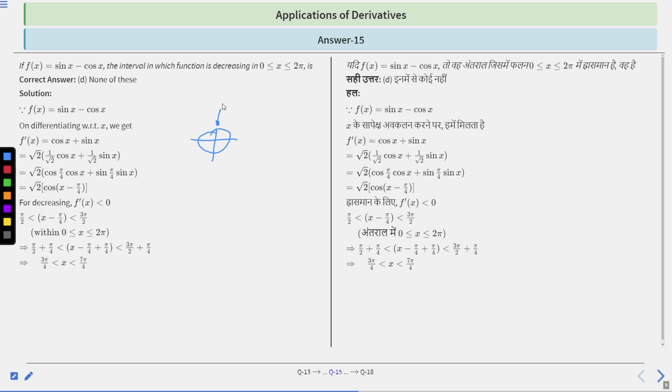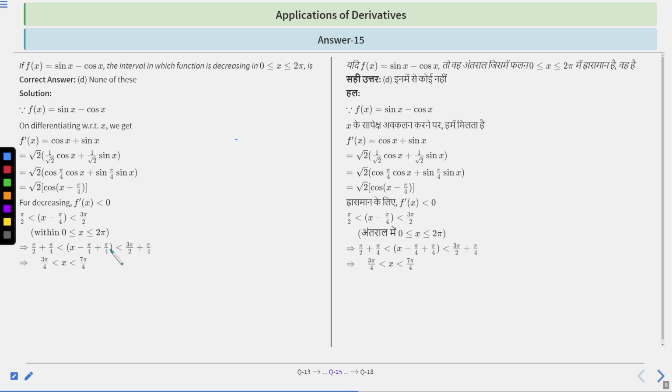Cos x is negative from pi by 2 to 3 pi by 2, right. Therefore, for this function to be negative, x minus pi by 4 should belong to pi by 2 to 3 pi by 2. Now we have to calculate the interval of x, so we can add pi by 4 throughout. So x is between 3 pi by 4 to 7 pi by 4, clear.